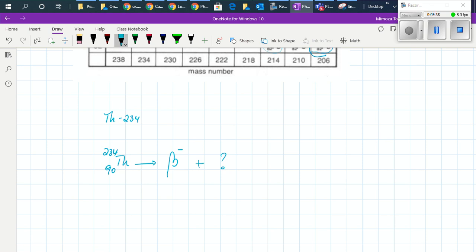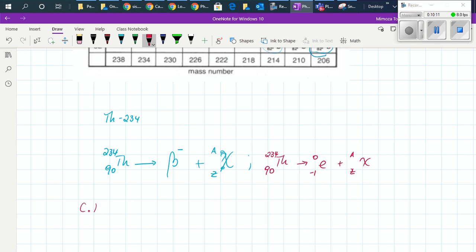The new element formed is element X with charge Z and atomic mass A. Very often you will see the same reaction written with thorium-234 releasing a beta negative, and an element X with Z protons and A nucleons. It is the same thing.